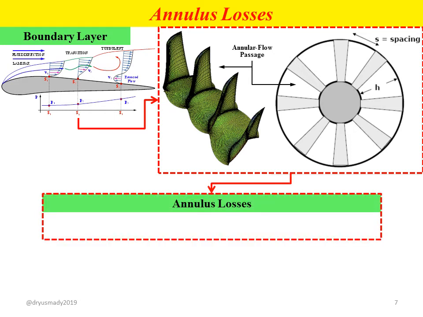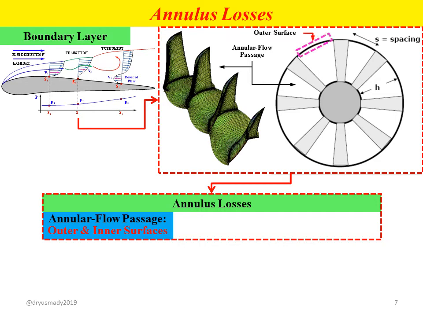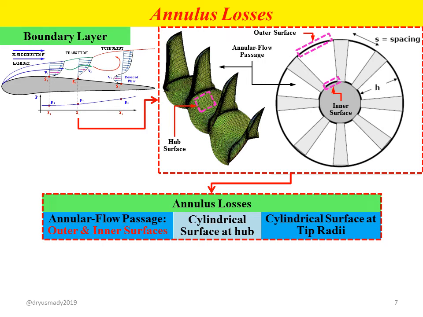Annulus losses involve the effect of the boundary layer in three different regions: number one, the annular flow passage for outer and inner surface; the second one, the cylindrical surface at the hub; and number three, the cylindrical surface at the tip radii, as shown in the figures.